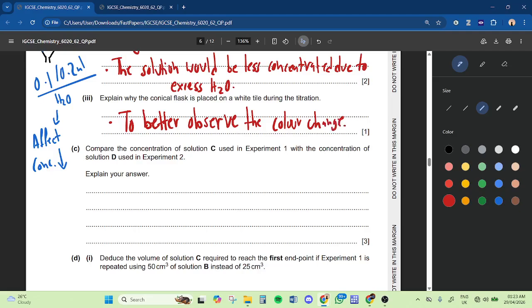So compare the concentration of solution C used in experiment 1 with the concentration of solution D used in experiment 2. Explain your answer, and it's for 3 marks. So we're going to need to give 3 marking points for this. So let's take a look.